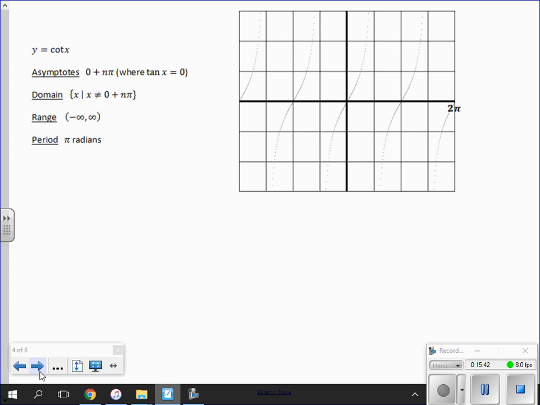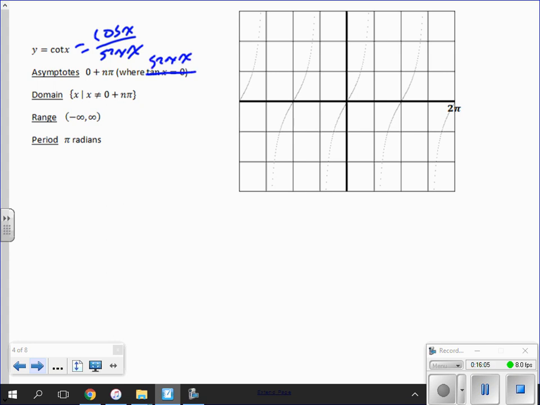The cotangent. Okay, the cotangent, remember, is the cosine of x over the sine of x. It's the inverse of the tangent. So I wouldn't really go by where the tangent is 0. I would go by where the sine of x is 0.